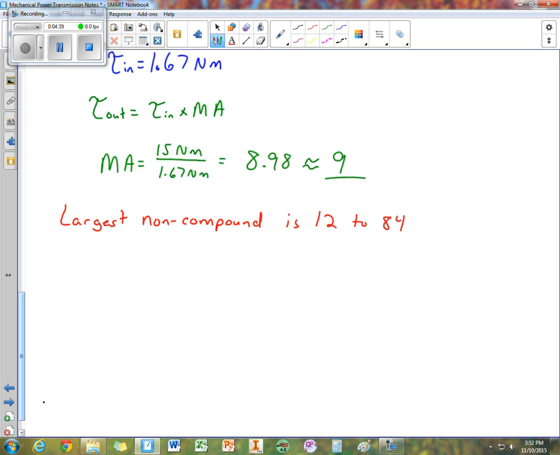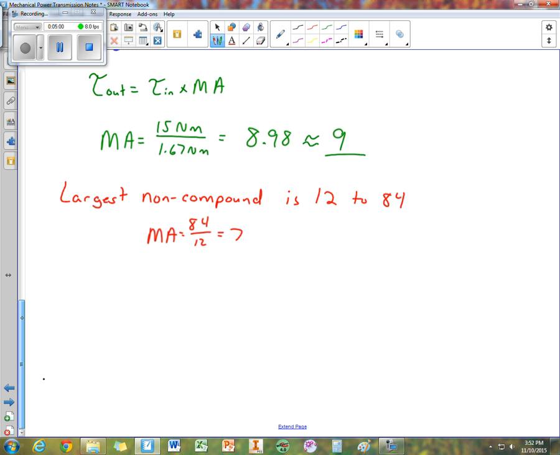If I have a mechanical advantage of an 84 to a 12, 7 is as big as I can get. I need 9, and I can only get 7 with a single 84 and a single 12. So obviously I need to go to a compound system.